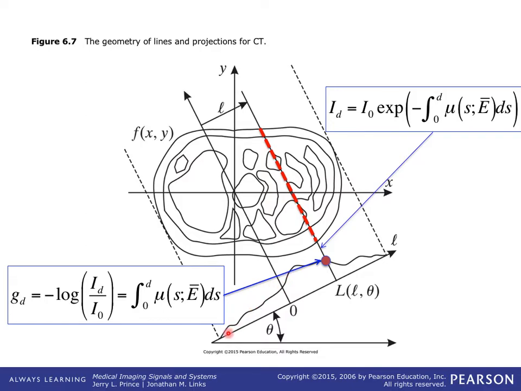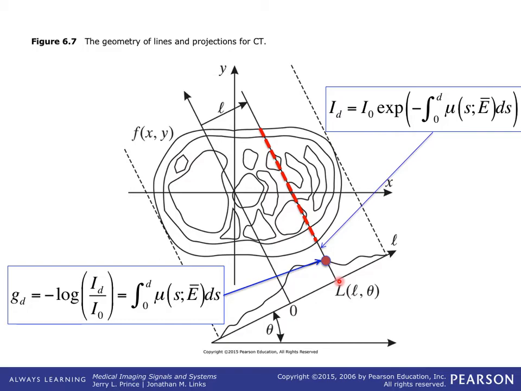In nuclear medicine, this is the number of photons that are detected on our detector from the patient. In CT, it's something different. It's the number of photons that have been attenuated as we go through the line that is orthogonal to that position on our detector. All right?